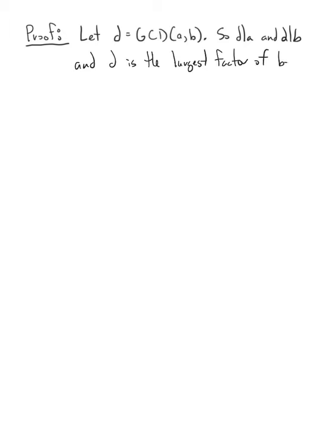All right. So we're just going to call D the greatest common divisor. Now, remember, by the quotient remainder theorem, we can write A as Q copies of B plus some remainder R, where Q and R are some whole numbers.